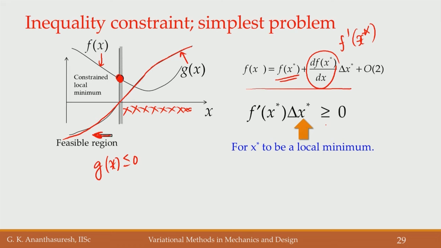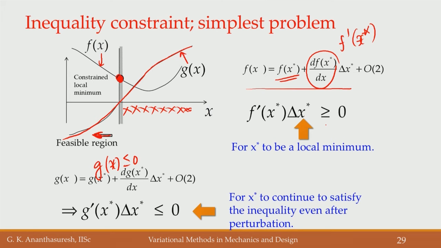So, if you look at g, we have g of x equal to g of x star plus g prime times delta x star.